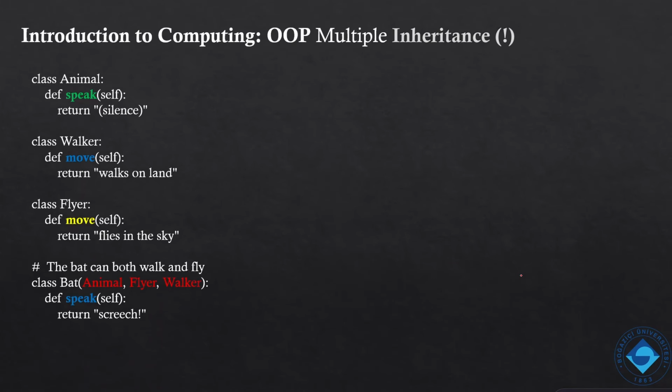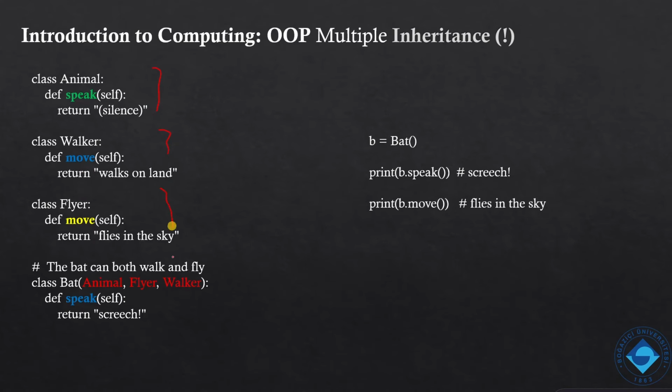To be able to explain better, I will give an example here. First of all, I will create three superclasses: animal, walker, and flyer. As you can see, animal has a function called speak, and walker and flyer have functions called move.